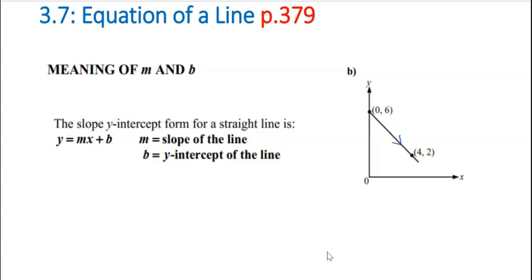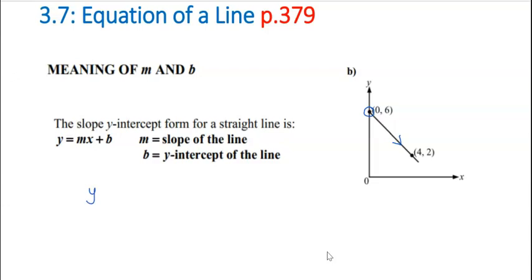And then the b is our y-intercept. That's where this line will cross the y-axis. So when we take a look at creating an equation from what we see here, we can calculate the slope and we can see the y-intercept and we can build our equation.